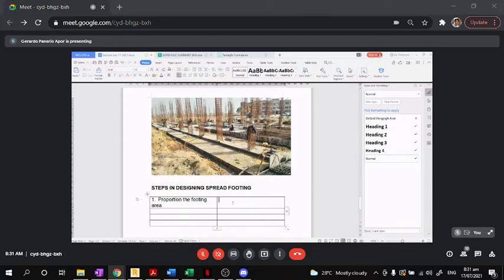How? Let us say QA is the allowable soil bearing capacity or resistance. Now I will make this a small q because that's how it is.